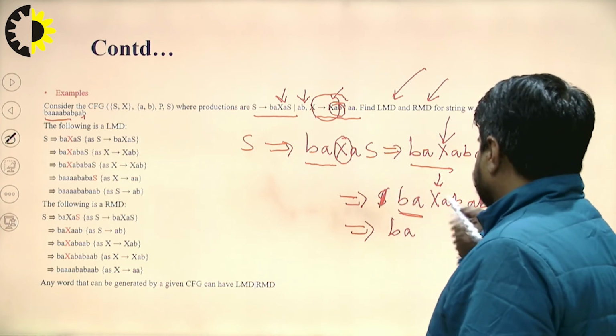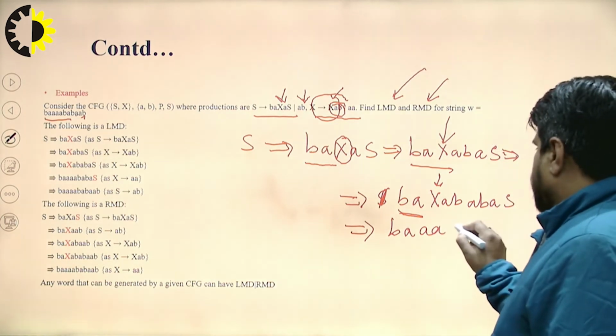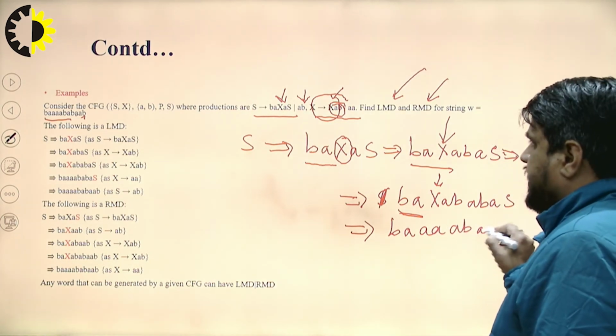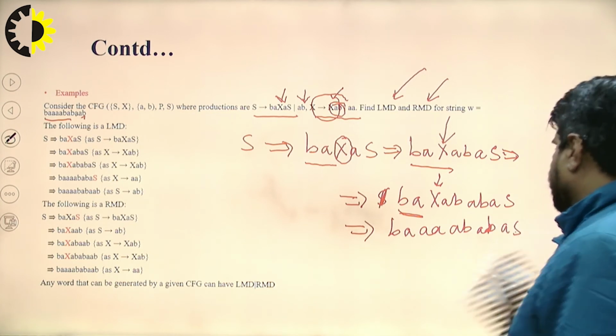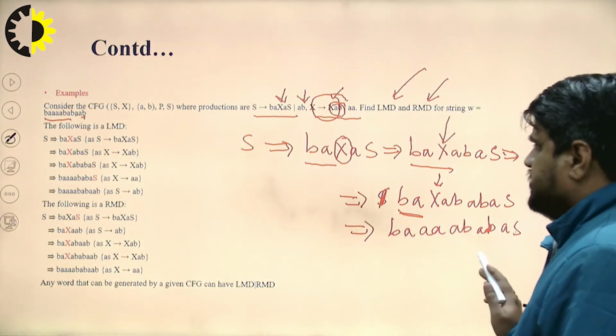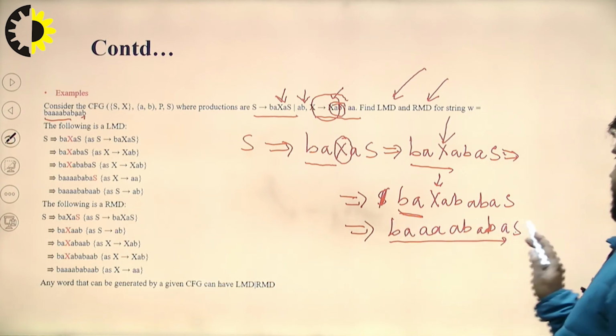So you will replace this X by A A, giving A B A B A S, right? Now you can see the next non-terminal symbol from left to right is S.